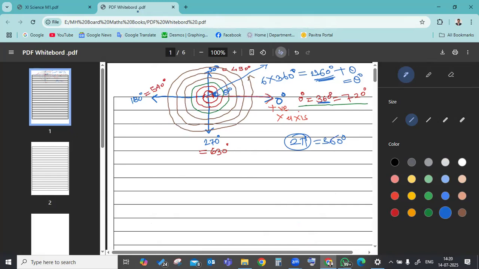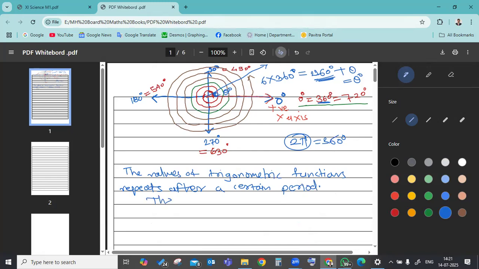The main takeaway from this discussion is that the values of trigonometric functions repeat after a certain period of time.